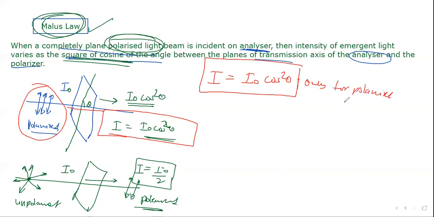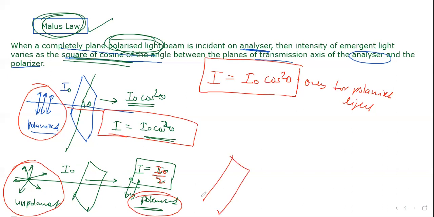Polarized light, right? But sometimes they'll say that unpolarized light is coming, like this case I wrote here. Unpolarized light of intensity I naught passing for the first time through a polarizer, then its intensity becomes half, I naught by 2, and this light will now get polarized. Suppose this light now passes through another analyzer or polarizer like here, then here you write Malus law.